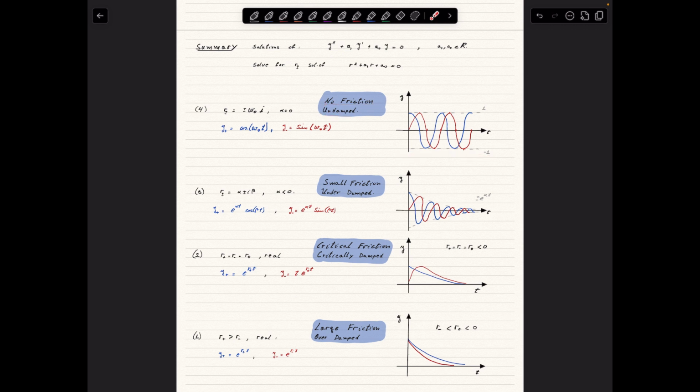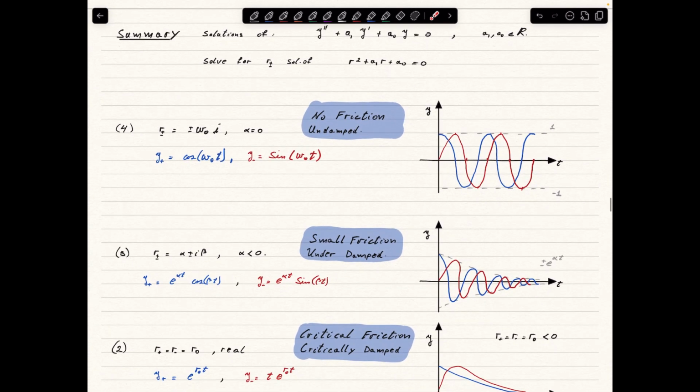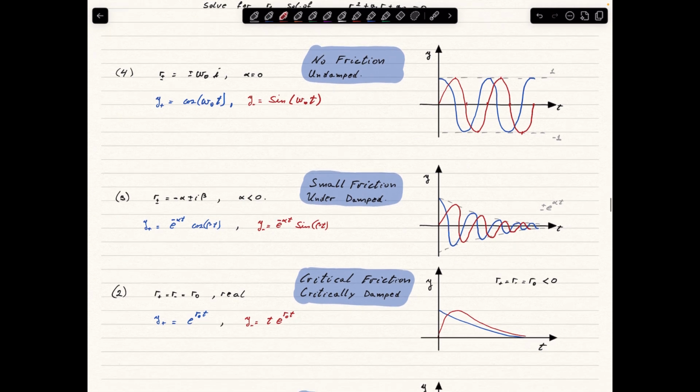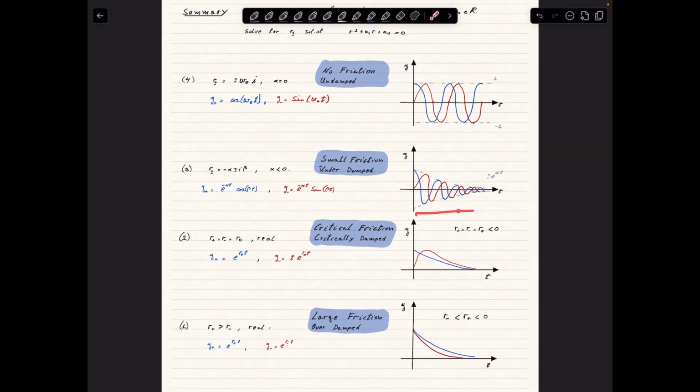Then the case of small friction, damped oscillations, where the solutions oscillate but also have a real part, and it's a good idea to use the same notation as before. The real part here is negative, so that's why we have this decaying. So this is how the solutions behave, both oscillate and decay.